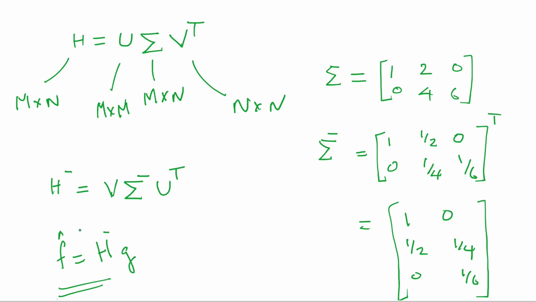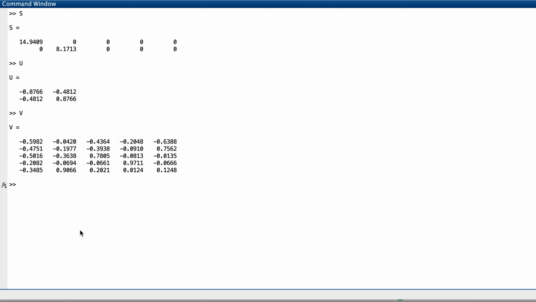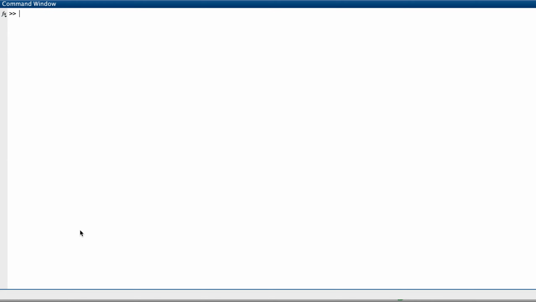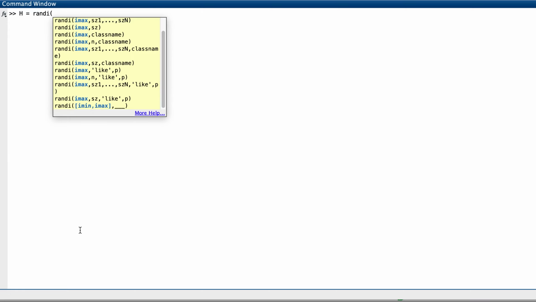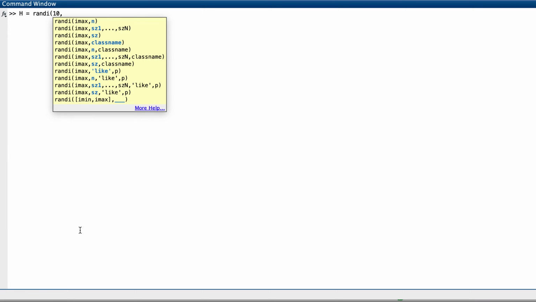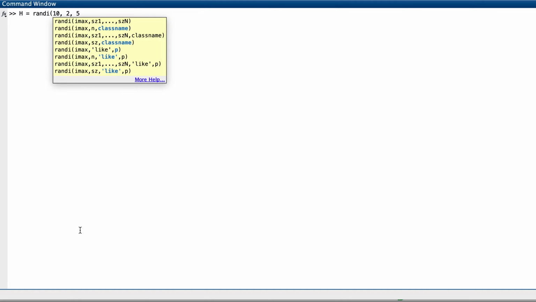Now let's see an example in Matlab on how it is finding the pseudo inverse of a matrix. So let me clear this. So suppose that I have a matrix, let's say H is equal to, I'm initializing a random matrix with maximum value of 10 of size 2 by 5.